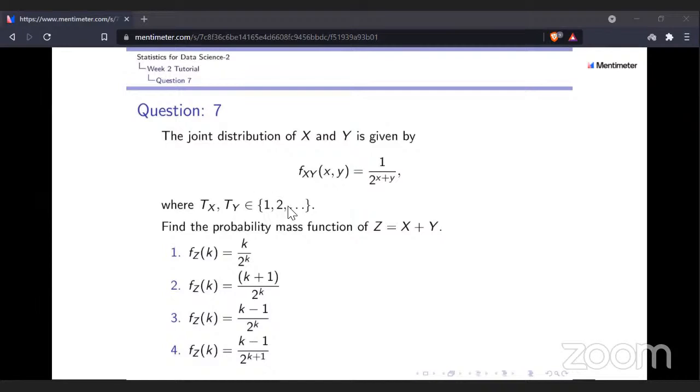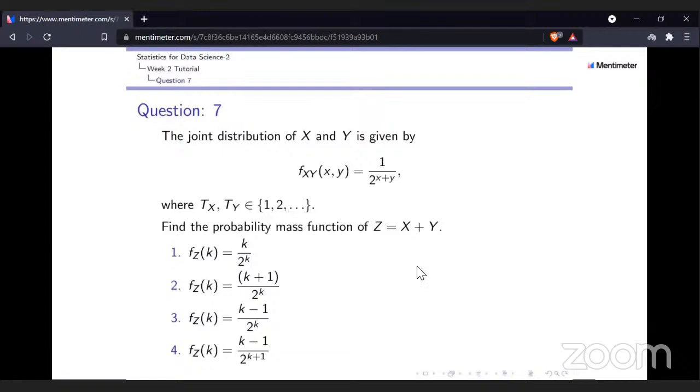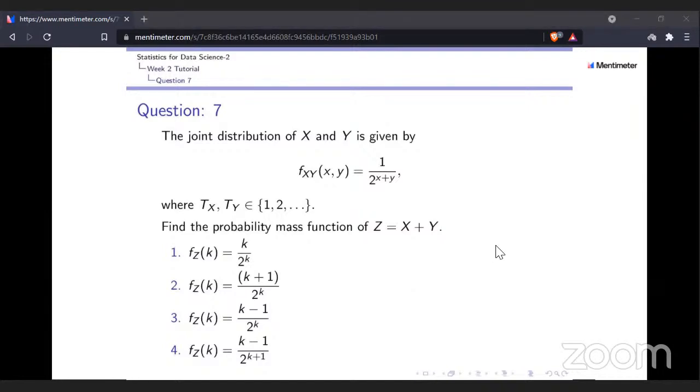Okay, is this question clear to everybody? Yes, ma'am. So should we move to the solution, or is there somebody who wants to answer? Answer will be 3, C. Yes, third number, that's correct.